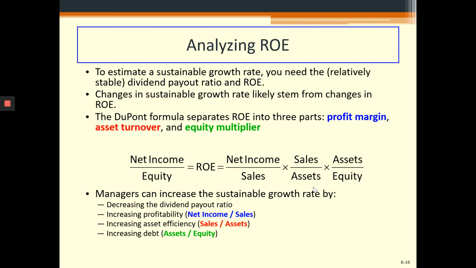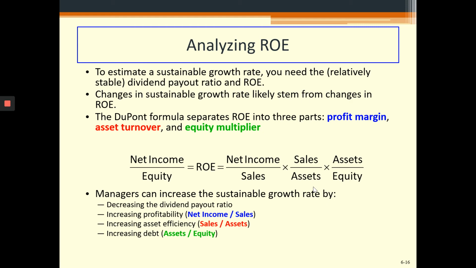The higher this number, the better it is for the company, because the company is using the given resources or assets to generate a lot of sales, and then obviously from that sales they will be able to generate the net income. So higher sales means that the company has more opportunity to generate net income. So asset efficiency is the second key component when we have to increase the return on equity.